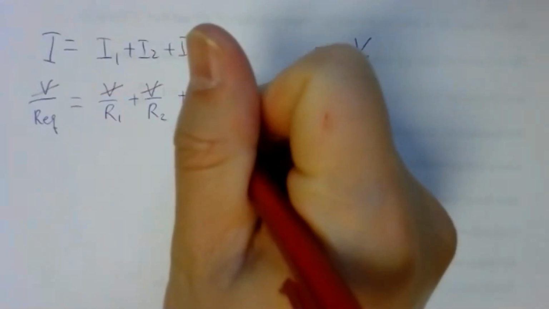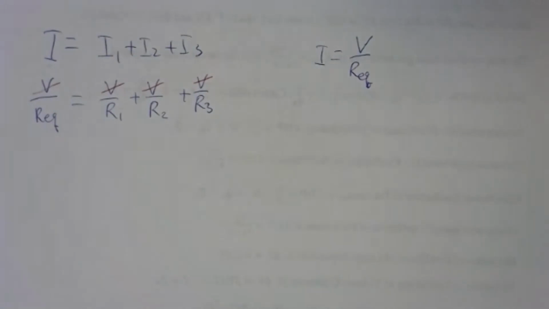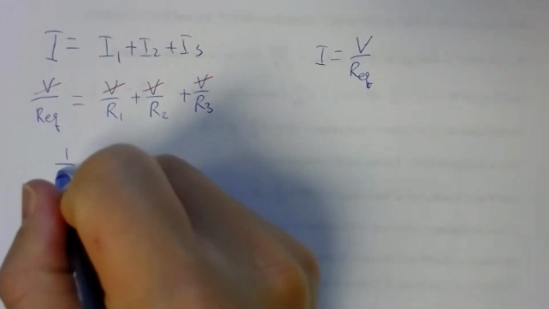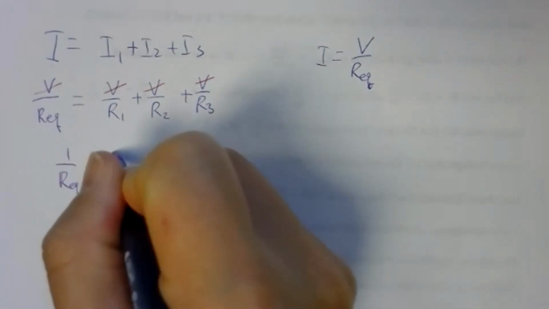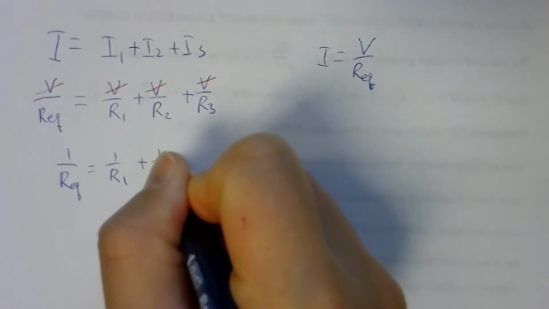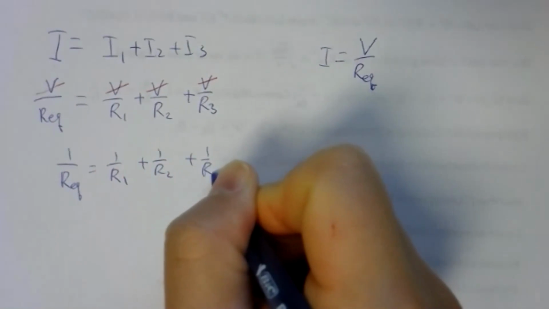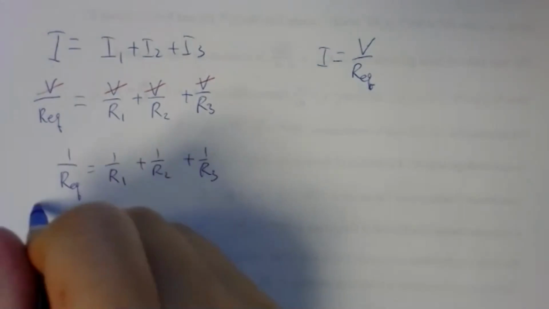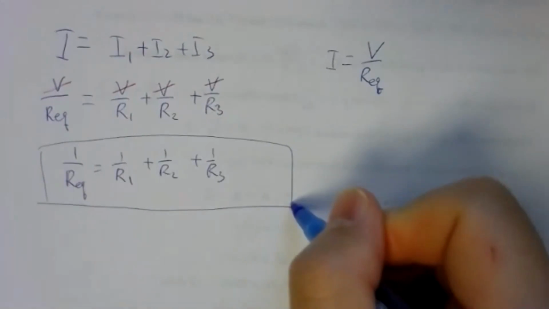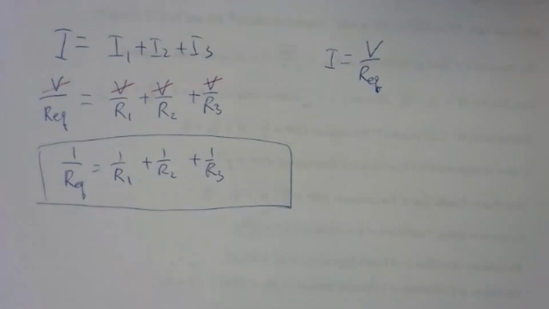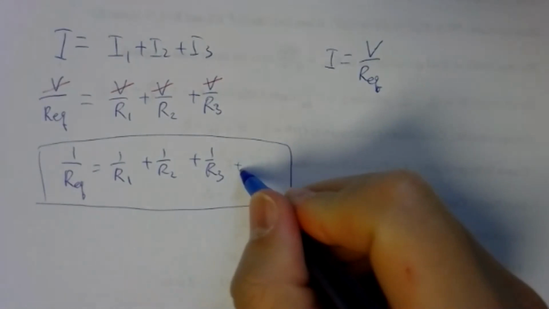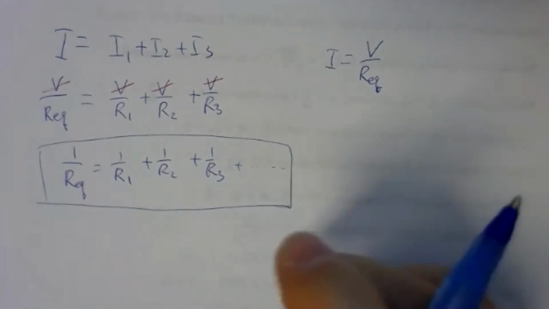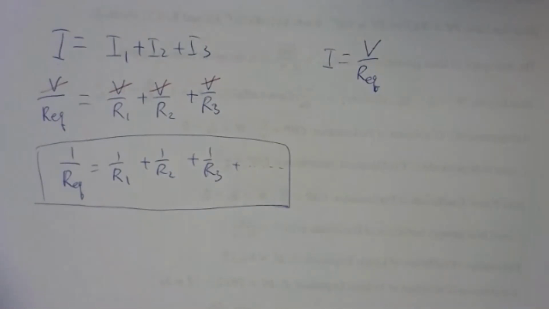Because V is the same across all of them, you can cancel the V out. Then 1 over R_EQ is equal to 1 over R1 plus 1 over R2 plus 1 over R3. That's the relationship when you have three resistors in parallel. If you have more, you just add the inverse of the resistance of each one.